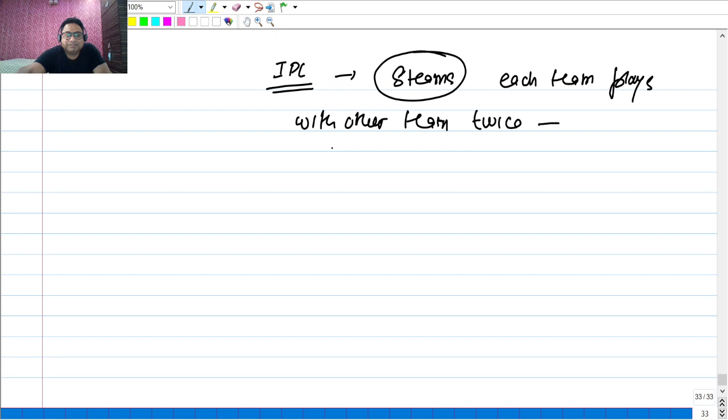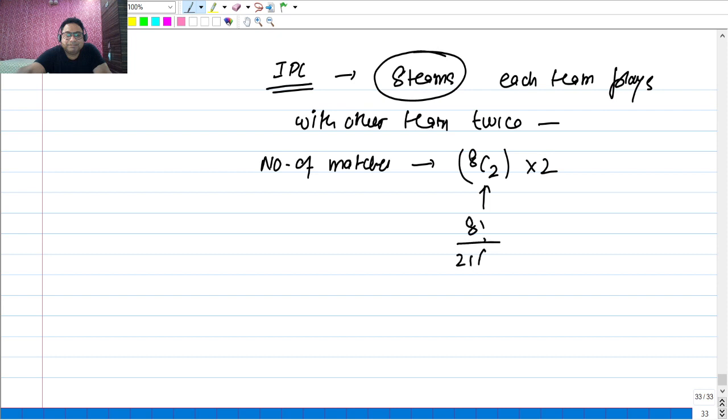Then how many matches would there be? It would be 8C2 into 2. This is 8C2 for one time, into 2 for twice. So 8 factorial over 2 factorial, 6 factorial, into 2, which comes out to be 8 into 7, which is 56 matches. So remember, IPL has 56 league matches.